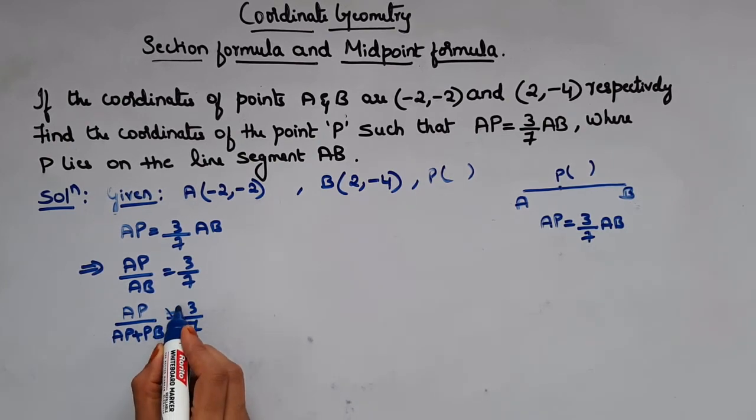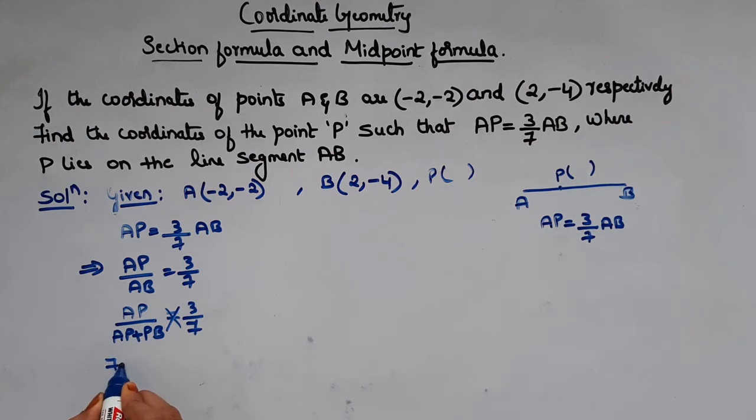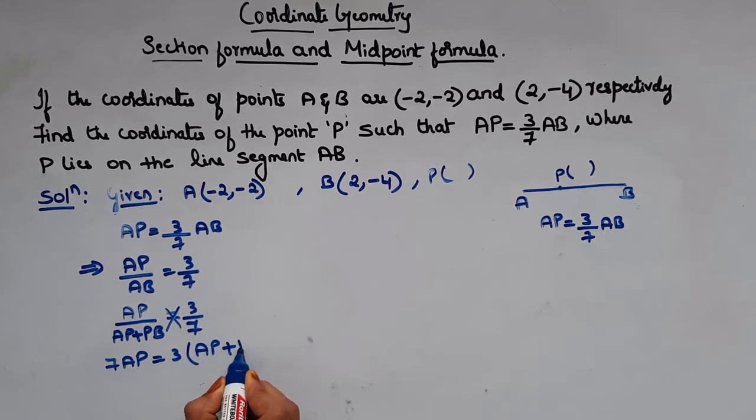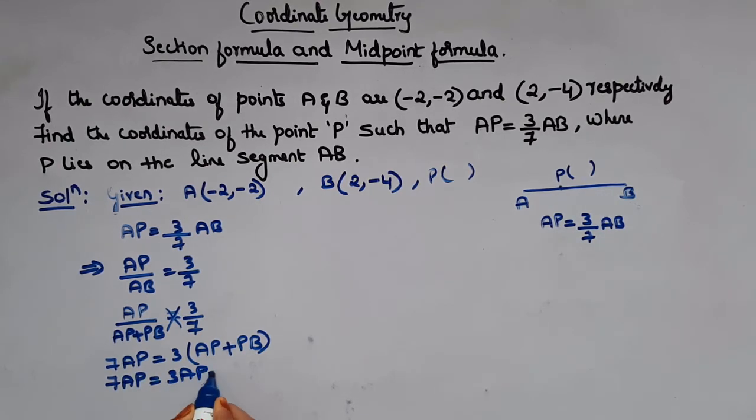Now let's cross multiply. We have 7AP is equal to 3 into (AP + PB). We simplify this: 7AP is equal to 3AP plus 3PB.